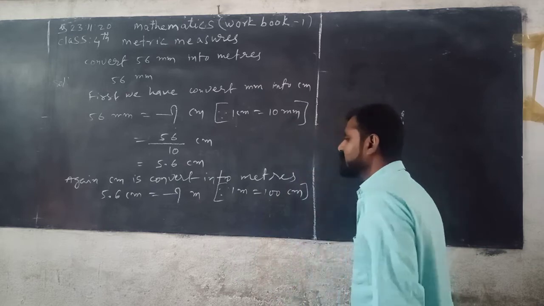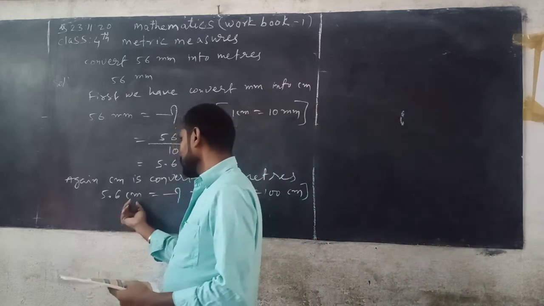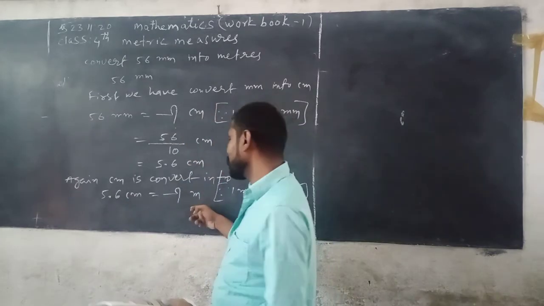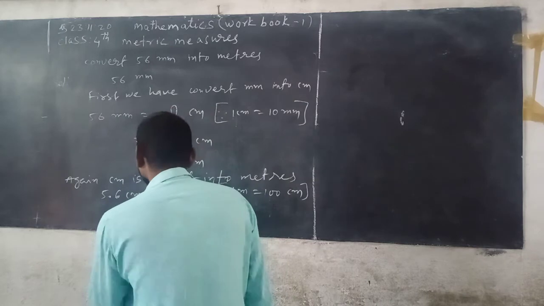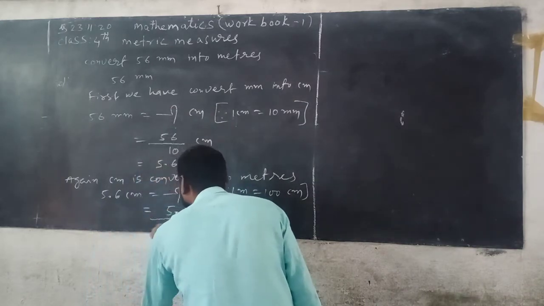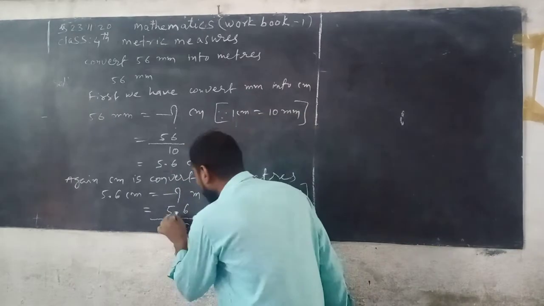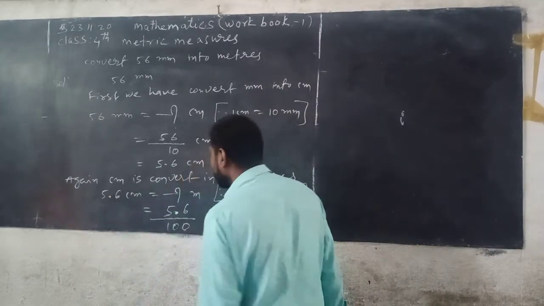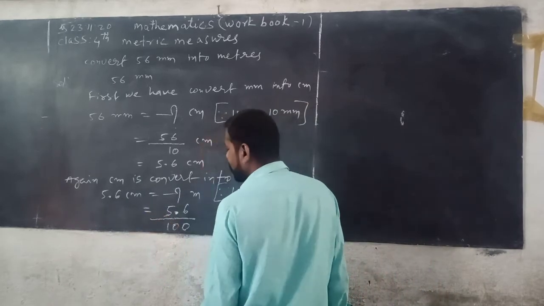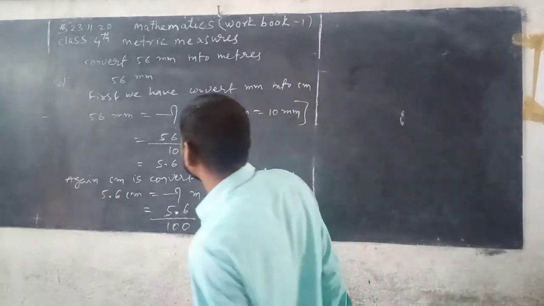So, centimeter is converted to meter means small to big. Centimeter is a smaller quantity than meter. So, here we have to take division. That is equal to 5.6 by 100. See here, this point moves to the left side 2 places. But here, before the point only 1 digit is given. Then before 5 you can write 0.